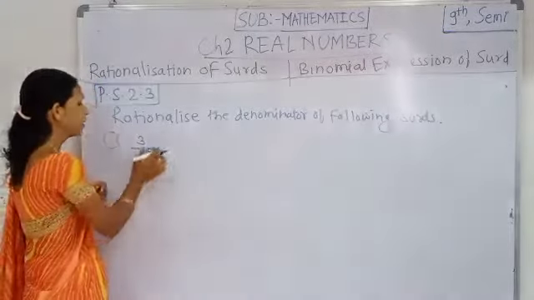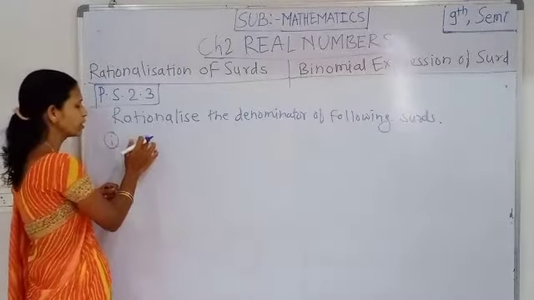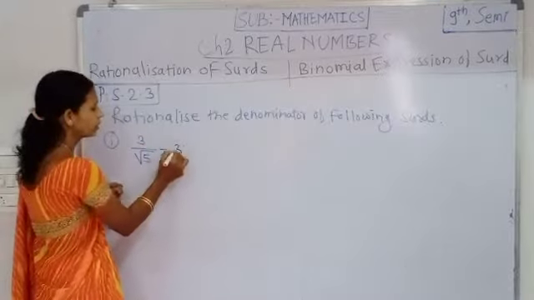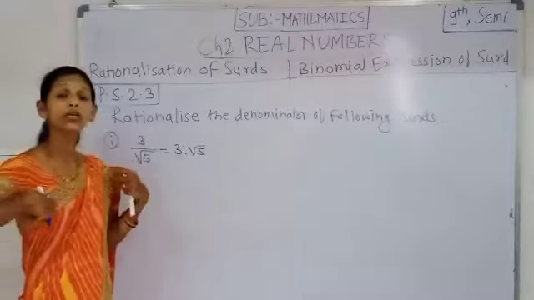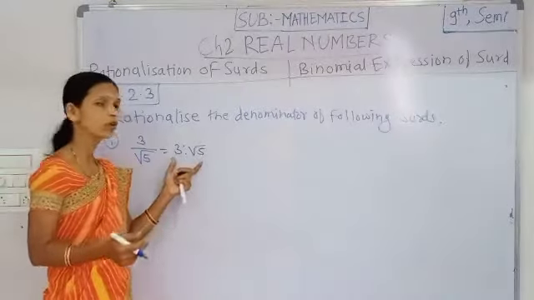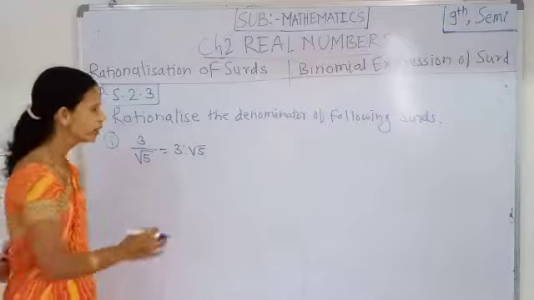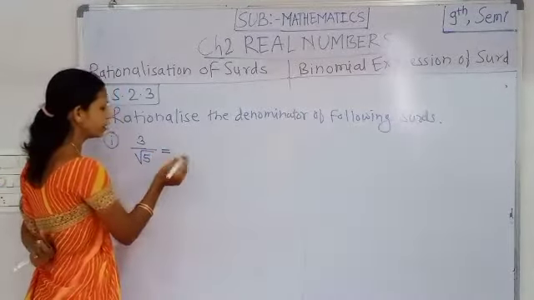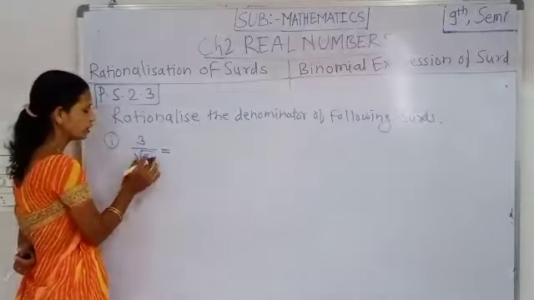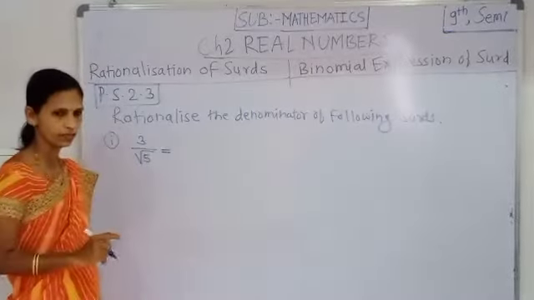It is a ratio, 3 is to root 5. We have to use the properties of equal ratios, and then we can convert this into another ratio whose denominator is a rational number.